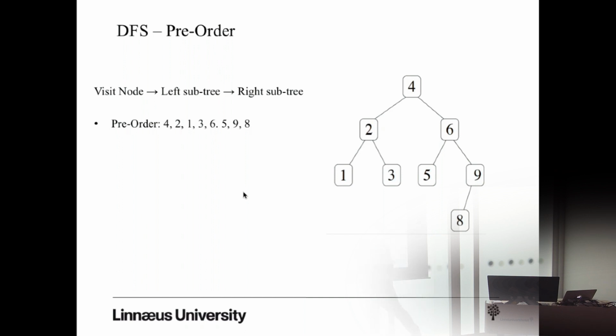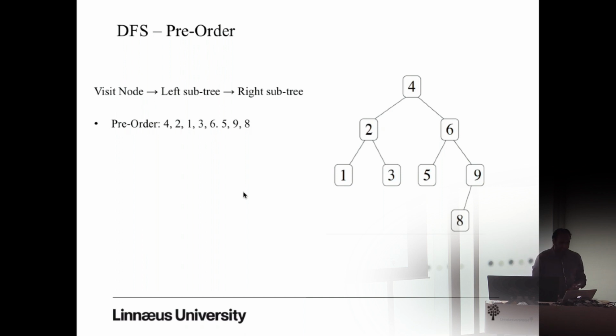So we visit 2, and then we go to the left and visit the node, but there is no left, there is no right. So we go back. Since in the pre-order you always visit the node itself first, then the left, and after visiting the left, you go to the right part.